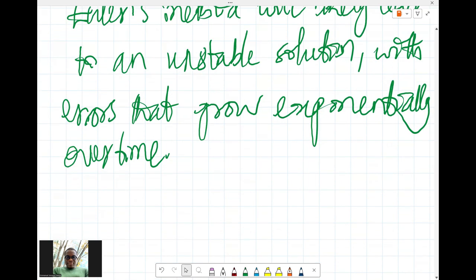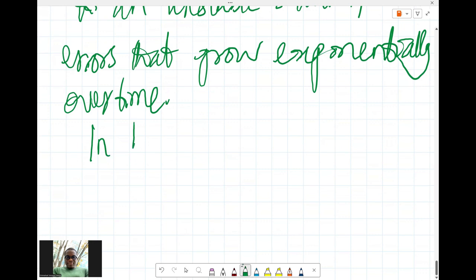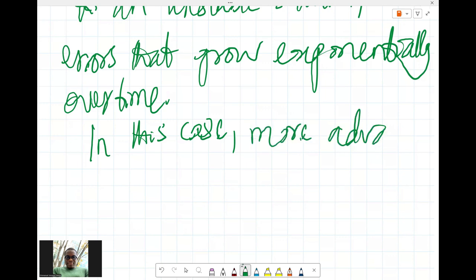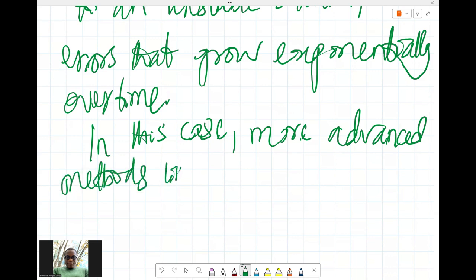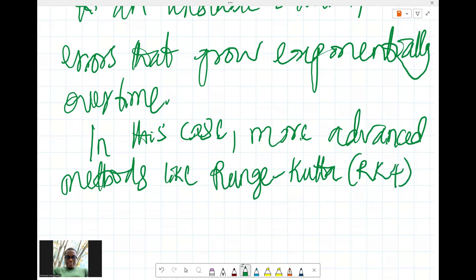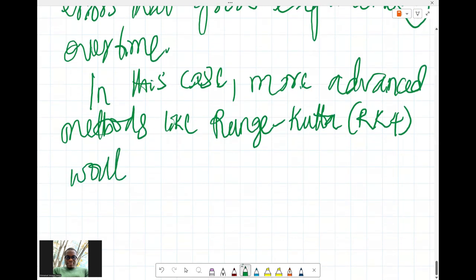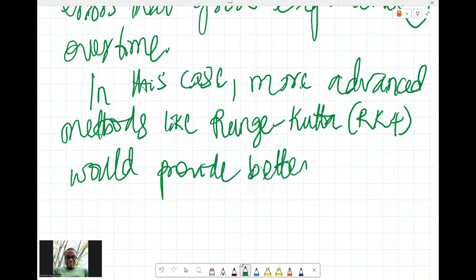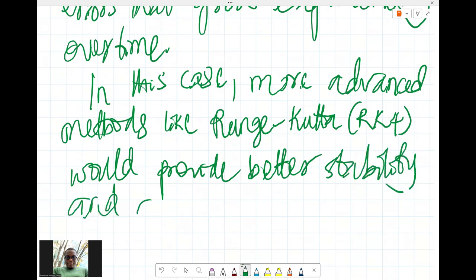In this case we just did, more advanced methods like Runge-Kutta, say RK4, would provide better stability and accuracy.